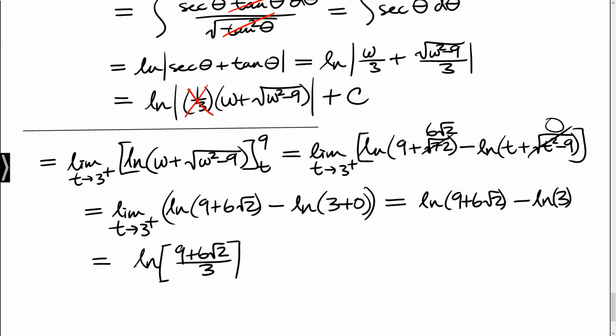That's the quotient rule. And then if you cancel out a factor of 3 from every term, we get natural log of 3 plus 2 square root of 2. And that is the final answer. That is the value of this integral. So that would be the area under the graph of that curve. Natural log of 3 plus 2 square root 2.